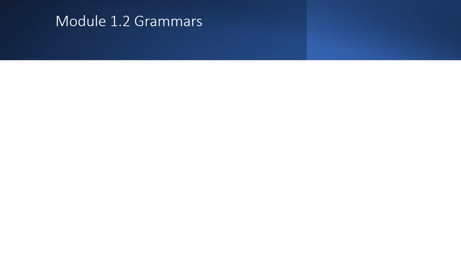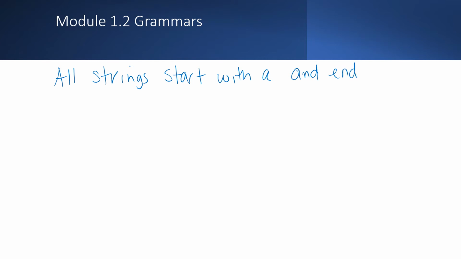All right, let's try another one. Let's try all strings that start with a and end with b. I'm also going to make the assumption that our alphabet is just a and b.